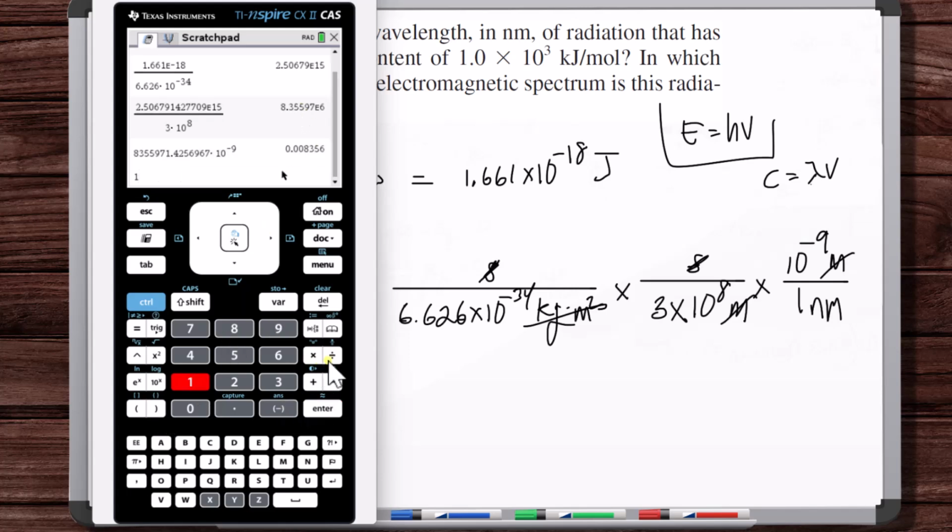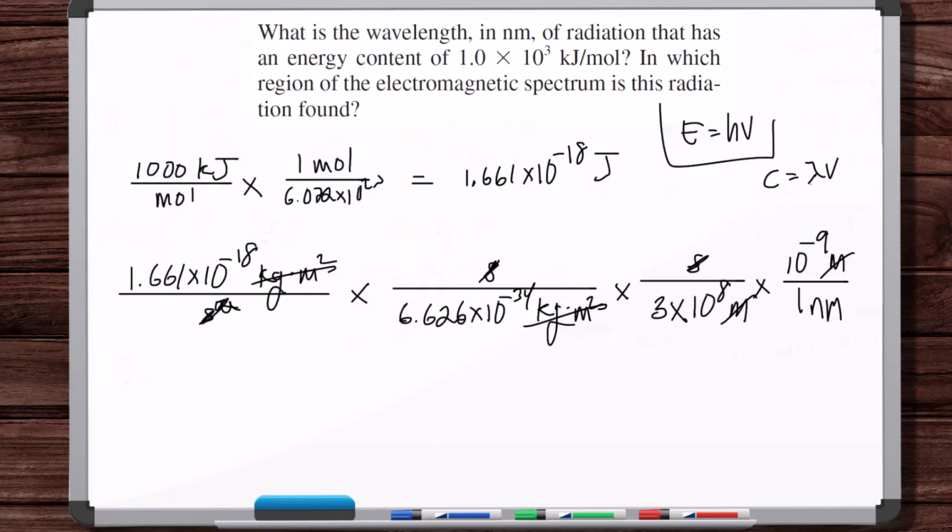Now we need to take the reciprocal of this. So 120 nanometers.